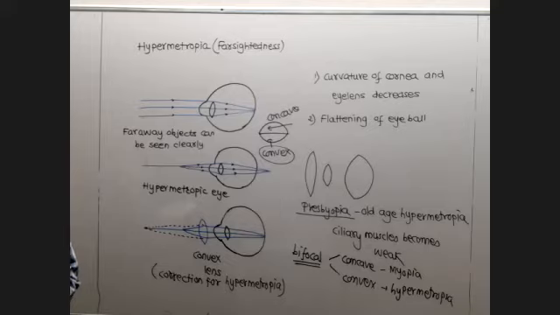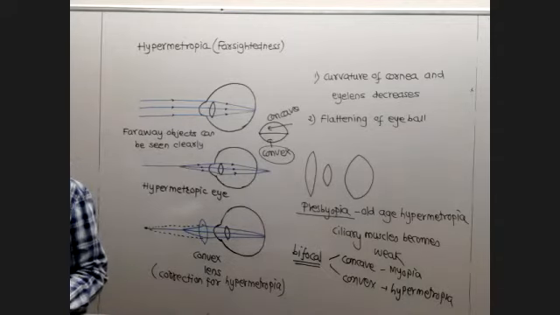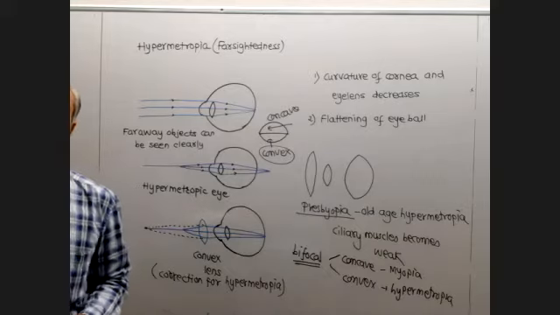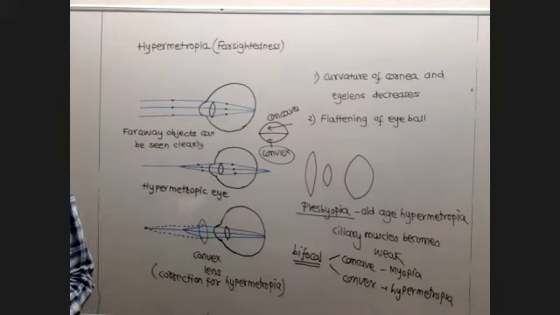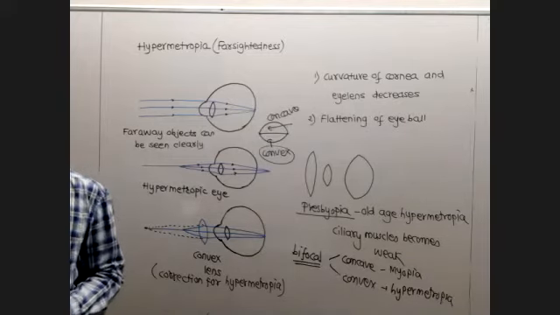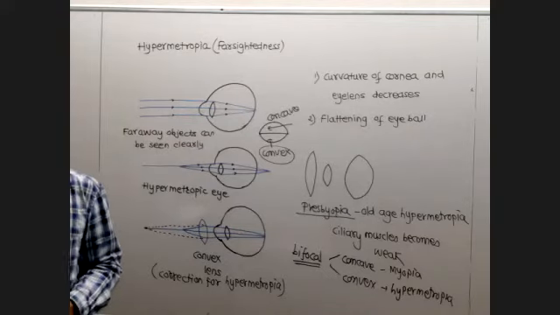One, curvature of cornea and eye lens decreases, so that the converging power of lens becomes less.